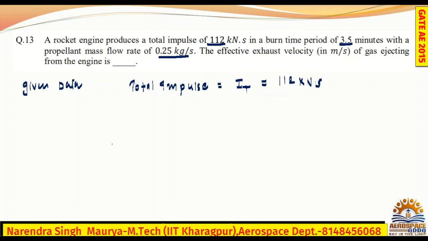Burn time means TB. Burn time of the propellant they have given 3.5 minutes, so I can convert into seconds: 3.5 into 60, that is 210 seconds.